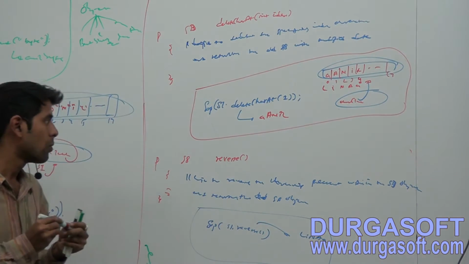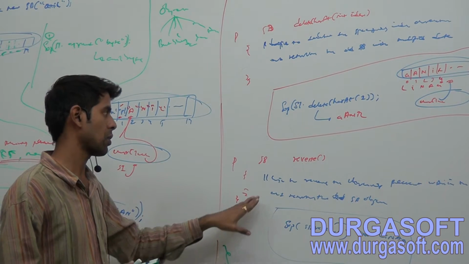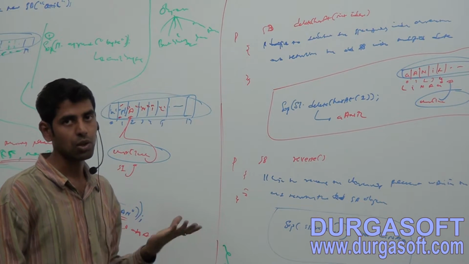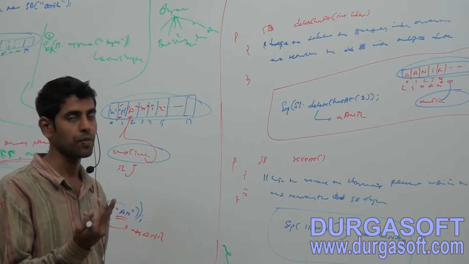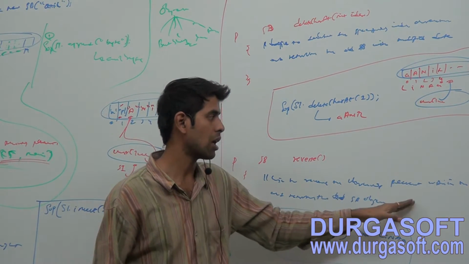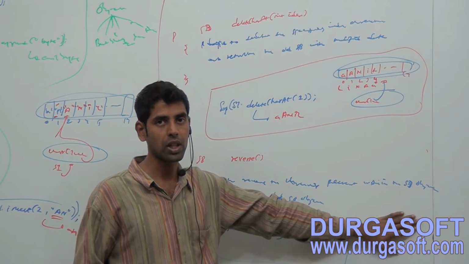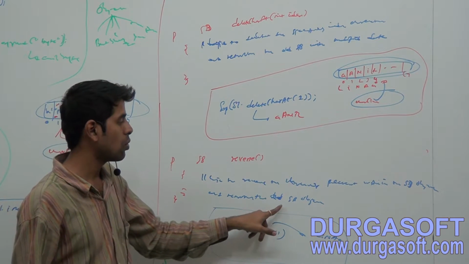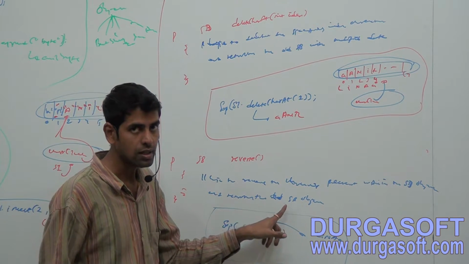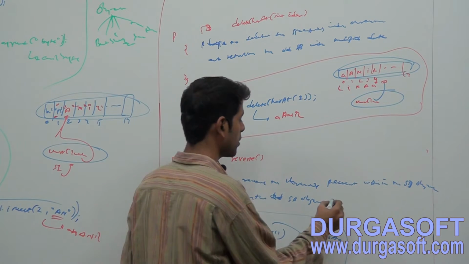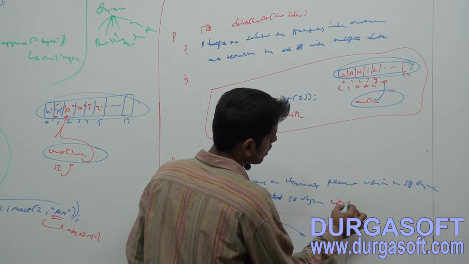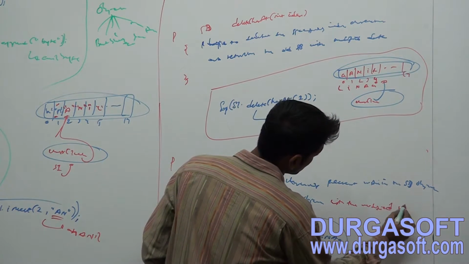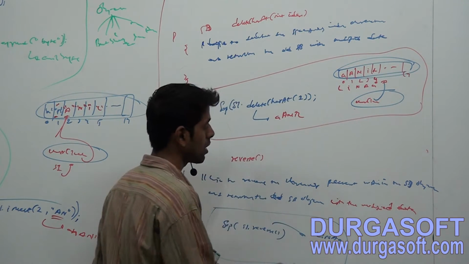Okay, now we have one more method called the reverse method. This method has the logic to reverse the characters present within the string buffer object and returns the same object with modified data, the older same string buffer object with modified data.